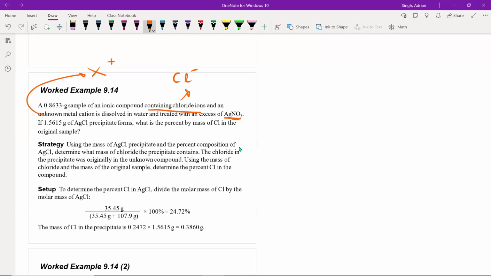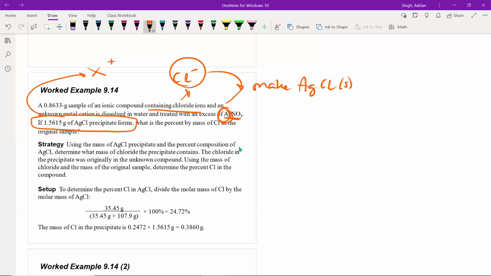All right, so we have our ionic compound. We react it with silver nitrate, and what happens is the silver from the silver nitrate and the chloride combine to make the silver chloride solid precipitate, and then that is what is measured in this technique, right?